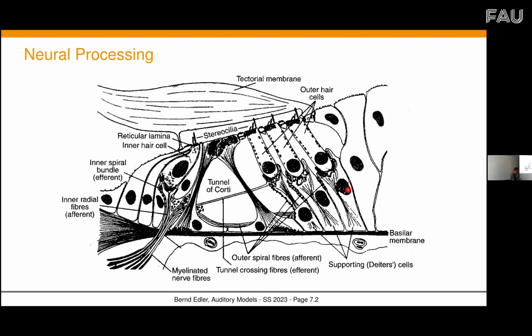But we'll come to that later. Yeah, and we see here that this part is all in the scala media, where we have the potassium ions.